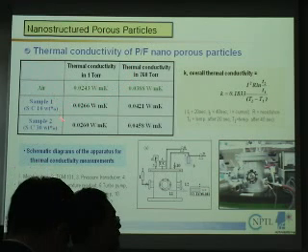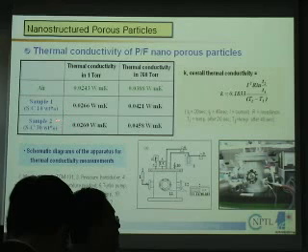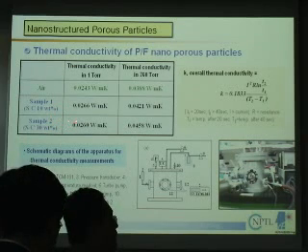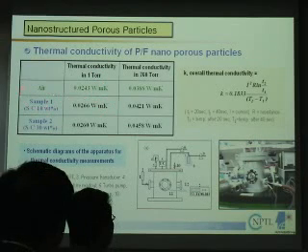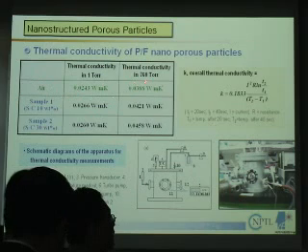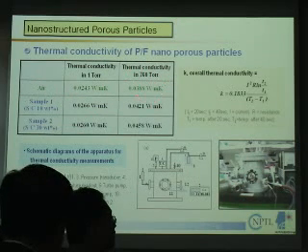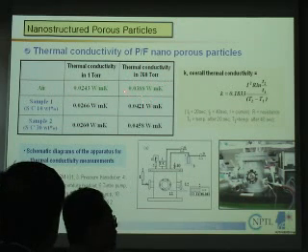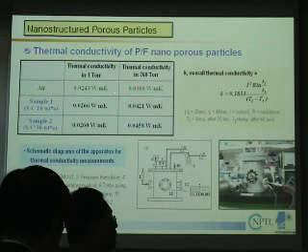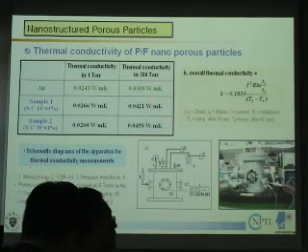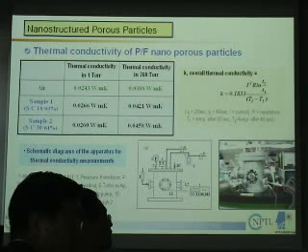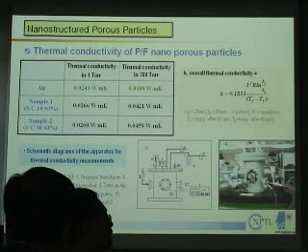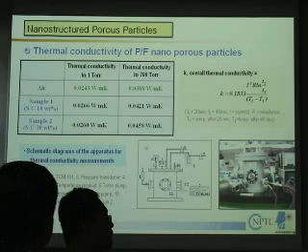Sample 1 and sample 2, if you remember, have different solid content materials, and the thermal conductivity of that is almost the same as air. Even in the 76 Torr system, it is a little bit higher than air, but very comparable with the thermal conductivity of air. So this is another evidence to verify the particles are well developed with pores inside.